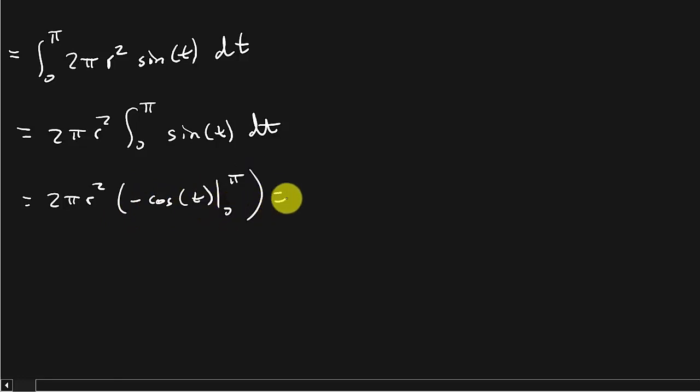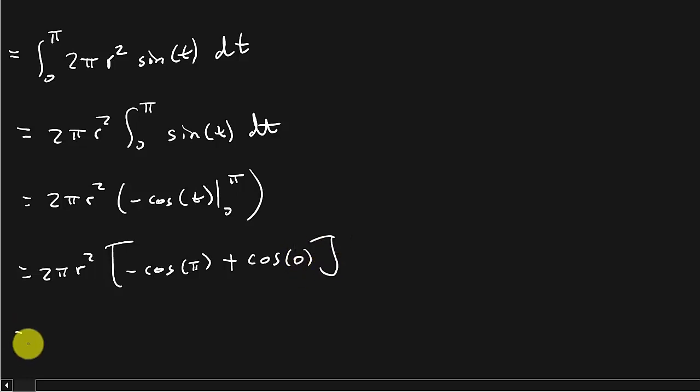Let me come down here and write it. That's going to be 2 pi r squared times negative cosine pi minus negative cosine 0, which is plus.